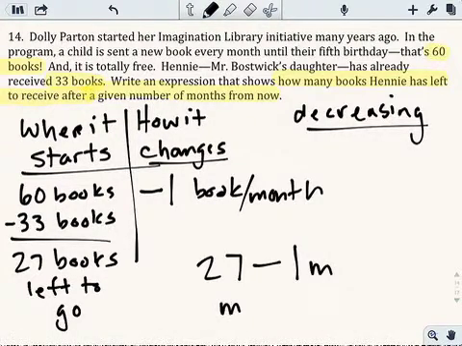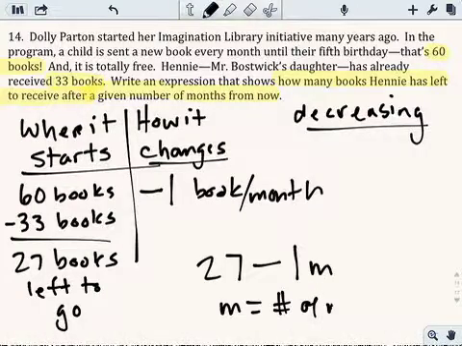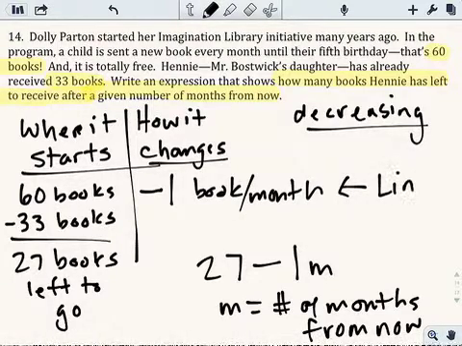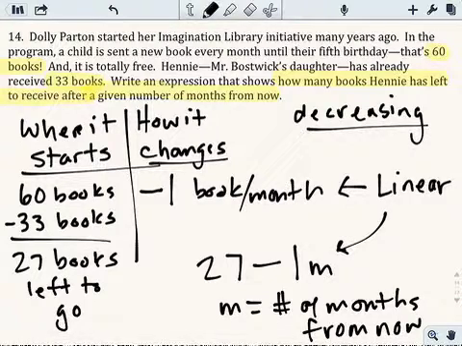And of course, we always have to tell what our variable is. The m here is the number of months. Since we're taking away, since it's a subtraction pattern, this means it's linear, and so our rule should be linear as well, which it certainly looks that way. All right, so that's a linear expression.